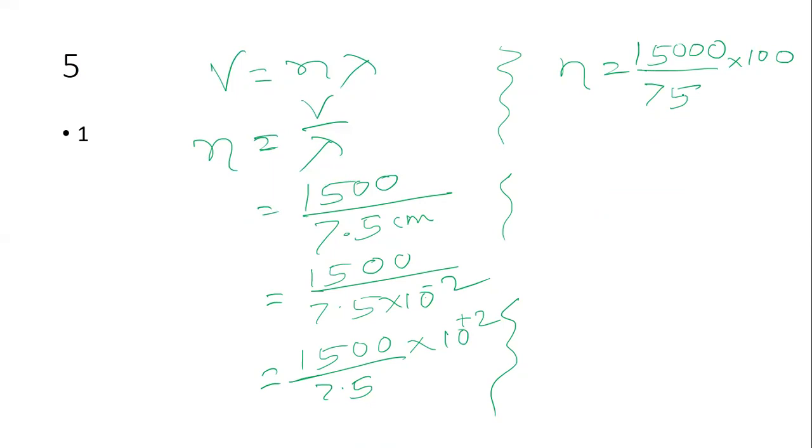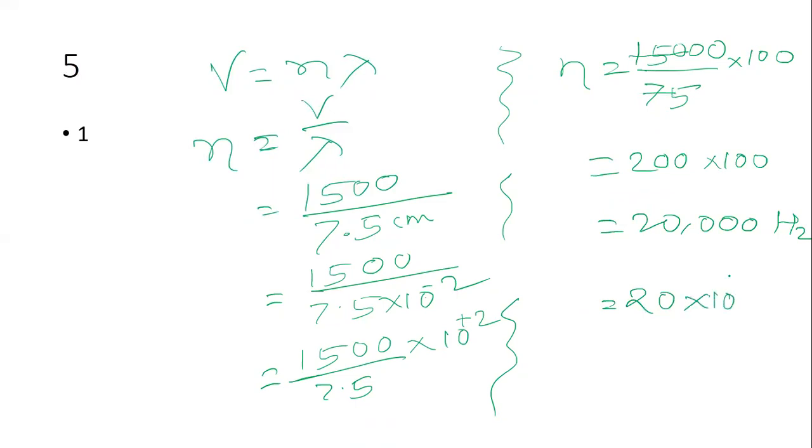Let's divide 15,000 by 75. We will get 150 divided by 75, it will be 2, into these 2 zeros, into 100. So frequency will be 20,000 hertz, or we can write it as 20 into 10 raised to 3 hertz.